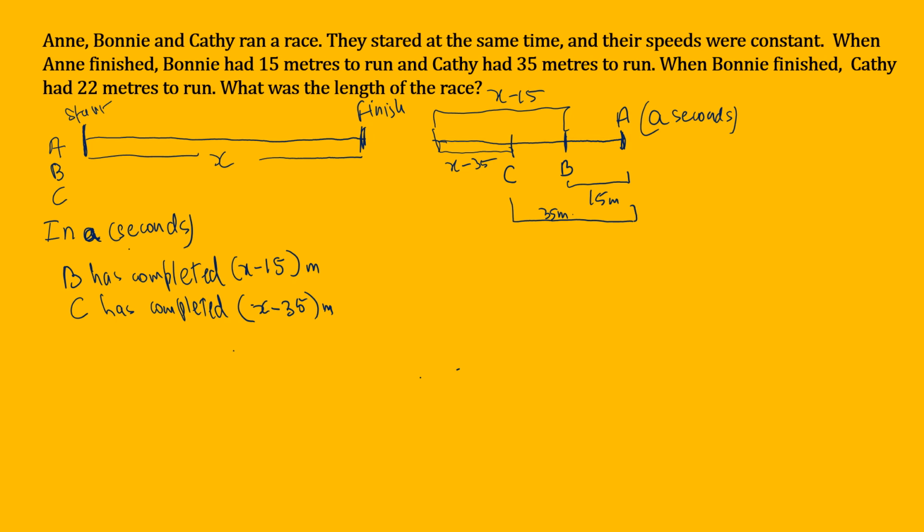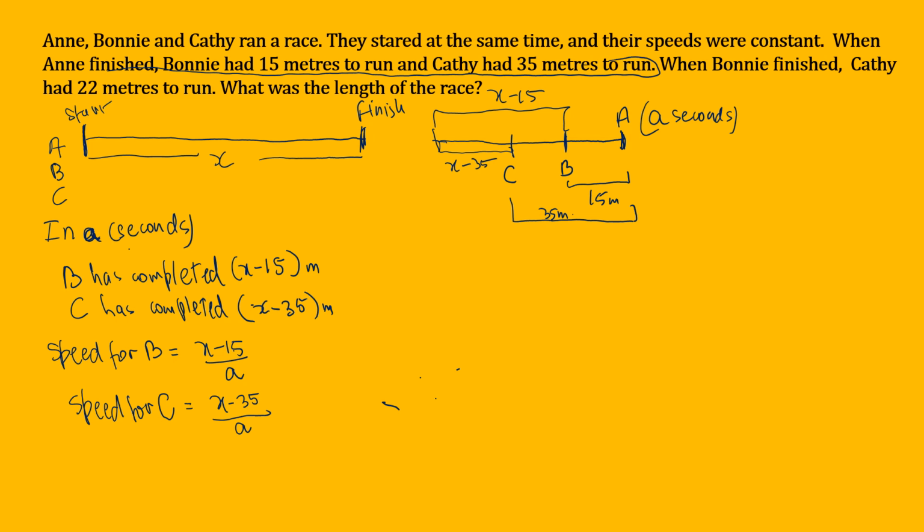Okay, so the speed for B equals x minus 15 divided by A, because speed is distance divided by time, and speed for C would be x minus 35 divided by A. Right, this is the first instance. This is when A has finished. It is this part of the question we have dealt with.